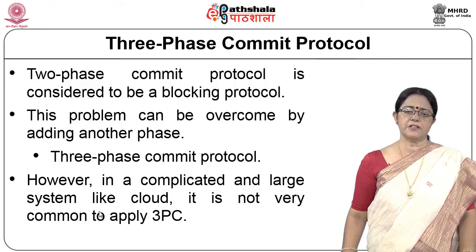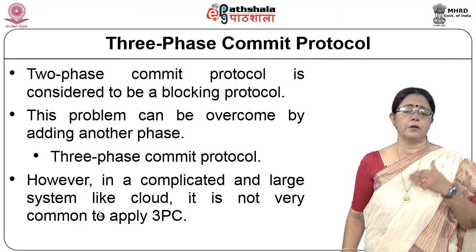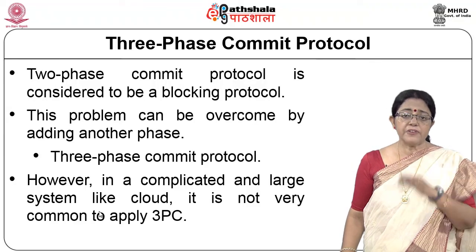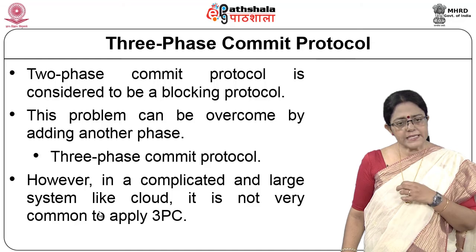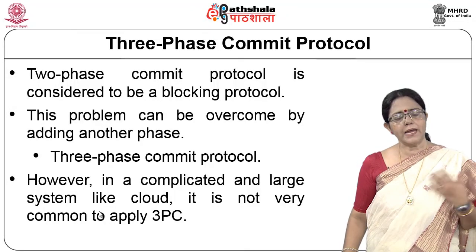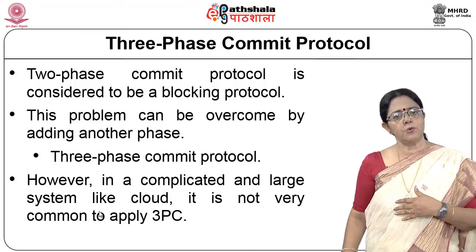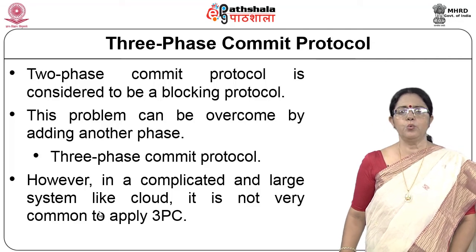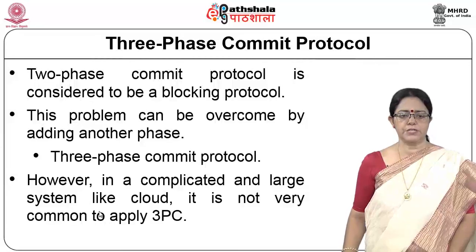In this three-phase commit protocol, one more phase is added, and using that phase, it is quite possible that all the participating servers can take their decisions unilaterally without ever waiting for the coordinator.